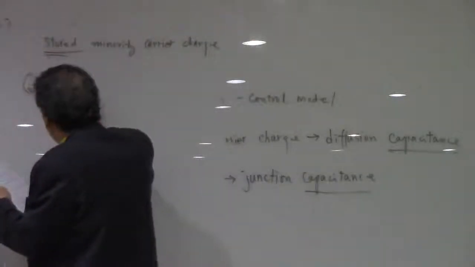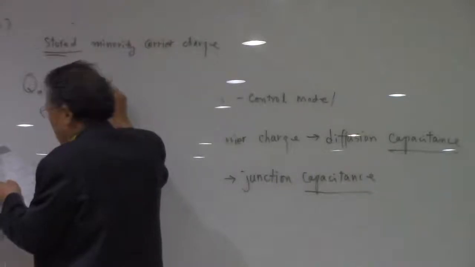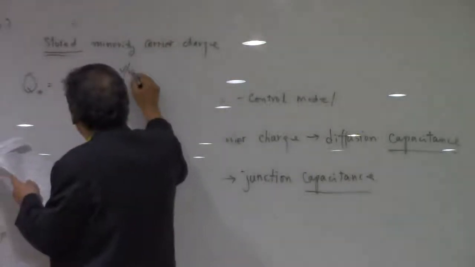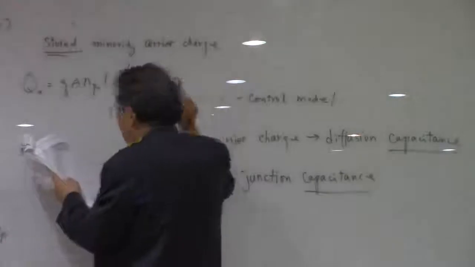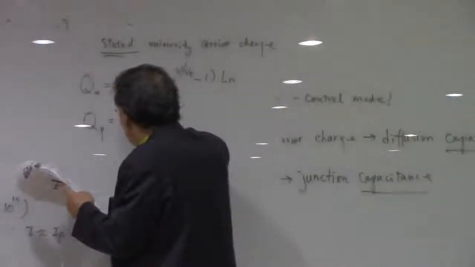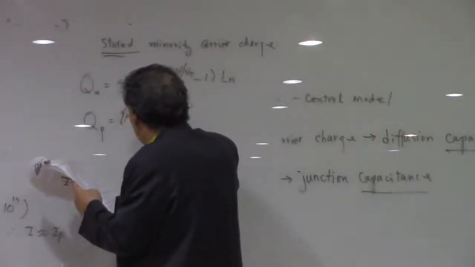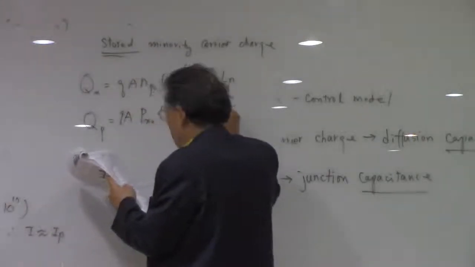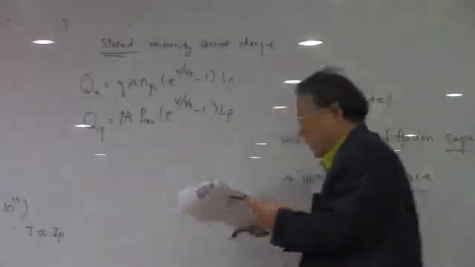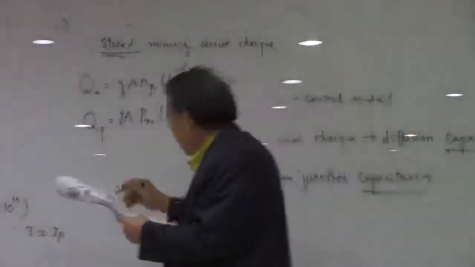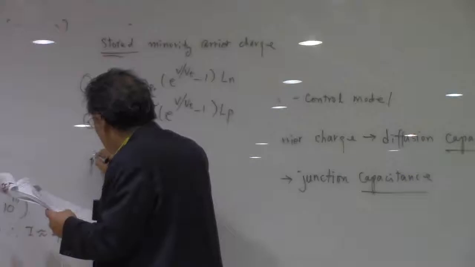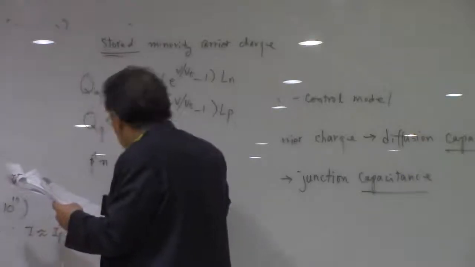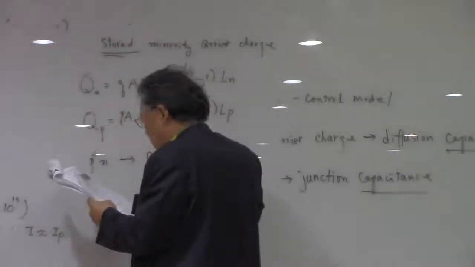Qn is QA Lp P naught e to the v over vt minus 1, okay? And the Qp, which is not that big, but you can have the number e to the v over vt minus 1 Lp, something like this. Pn means Pn naught greater than Np naught.